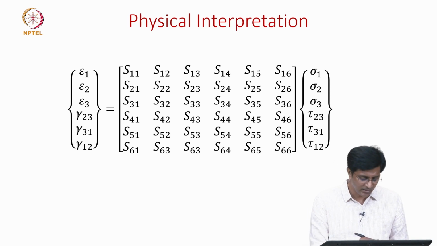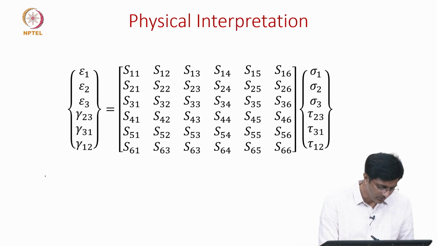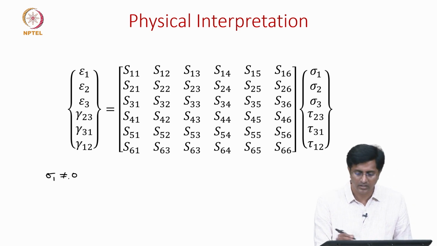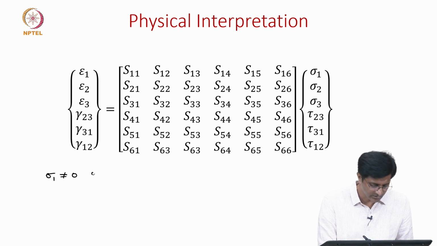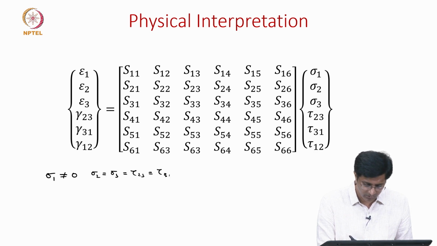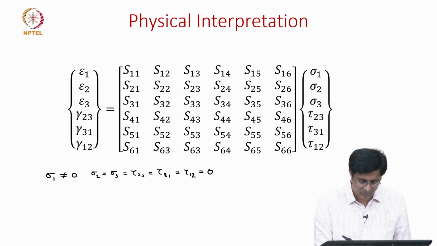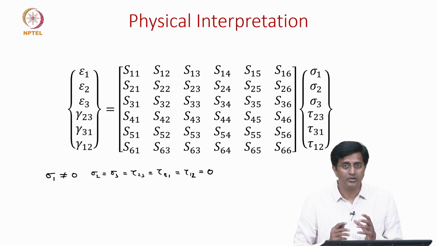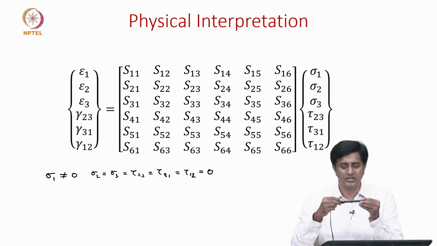Let us look at an example, a situation where the only non-zero stress is sigma 1, meaning that the other stress components, which are sigma 2, sigma 3, tau 23, tau 31 and tau 12, are all 0. So, can you imagine what this stress state is? This is basically uniaxial tension.